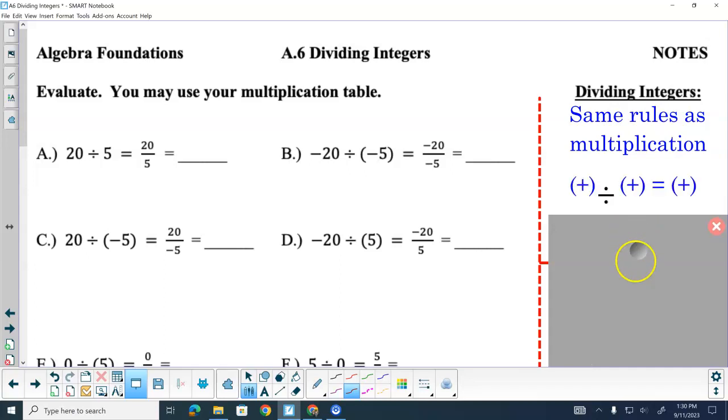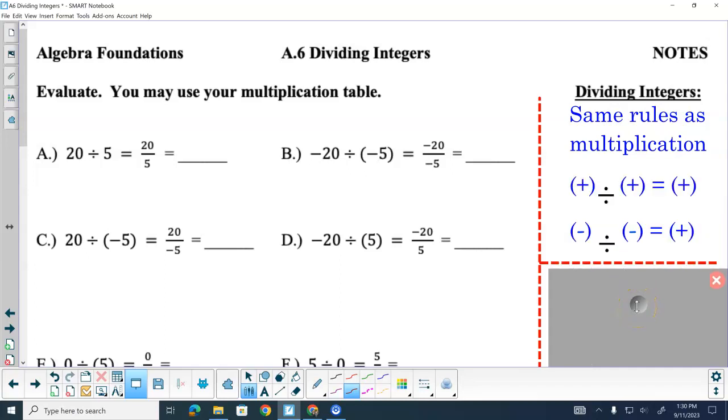When you're dividing and the signs are the same, so a positive number divided by a positive number, or a negative number divided by a negative number, your answer is going to be positive. So if the signs are the same, you get a positive answer, just like multiplication.